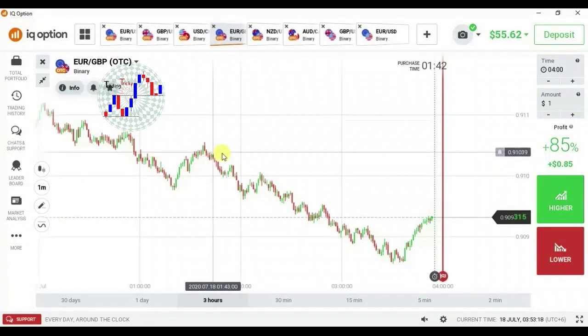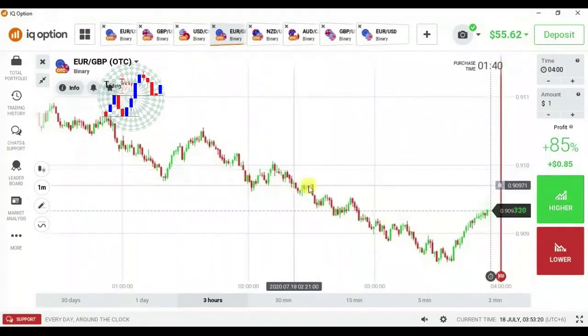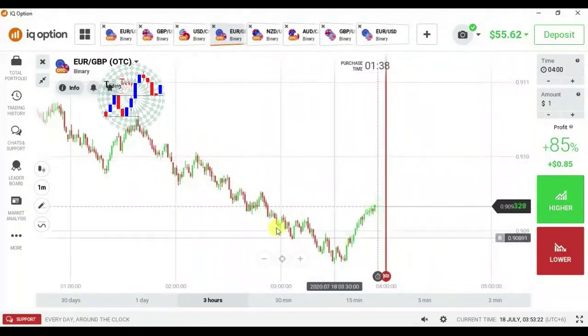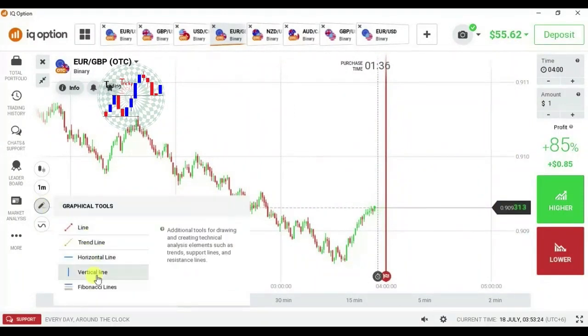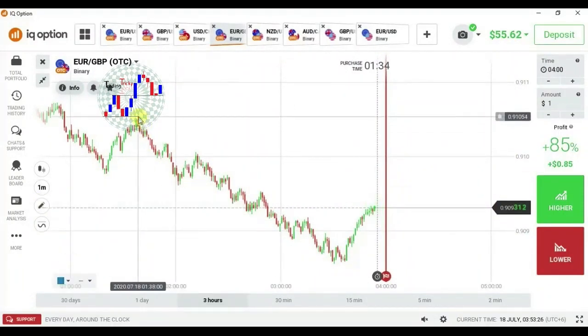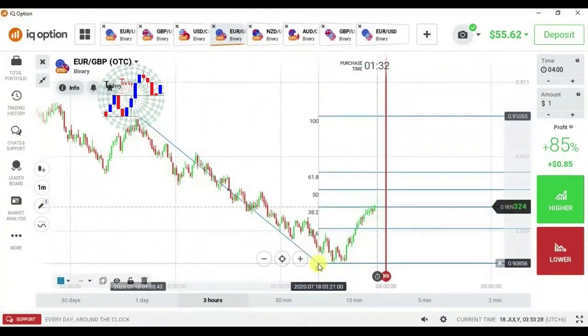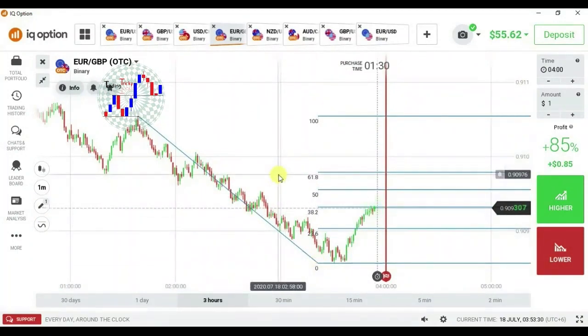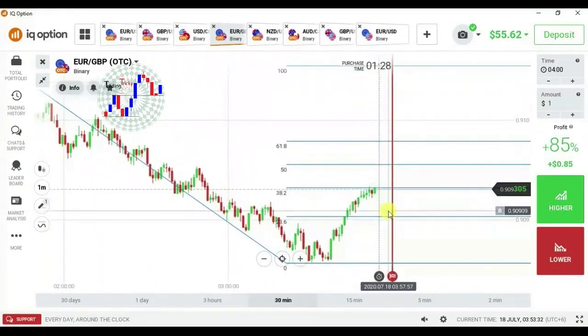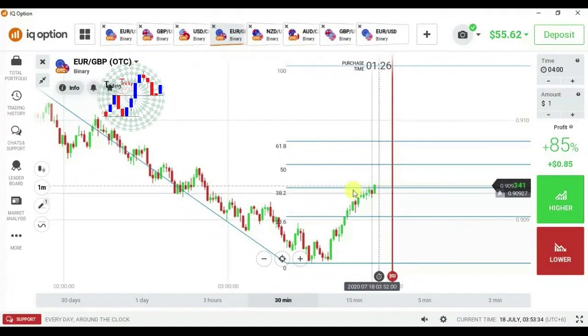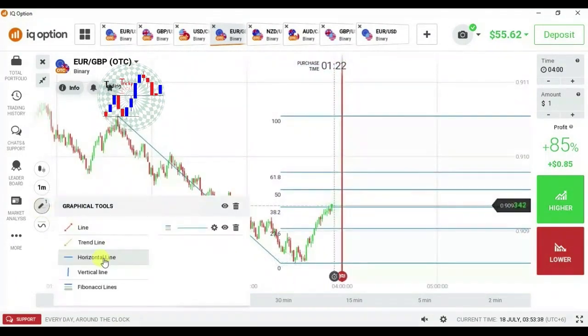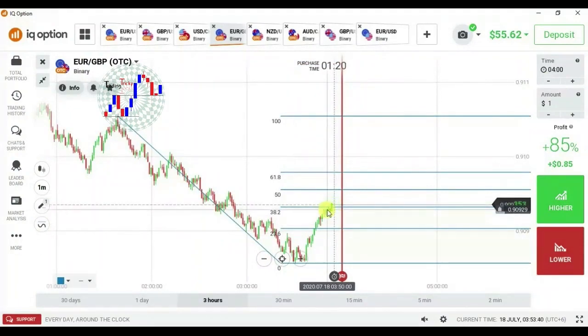Also in this range you can use something. If you want to draw Fibo here for a long time, you can draw the tool something like this. Okay, so as you can see, the market is at the 38 level now. Now you need to check the level on the left side.